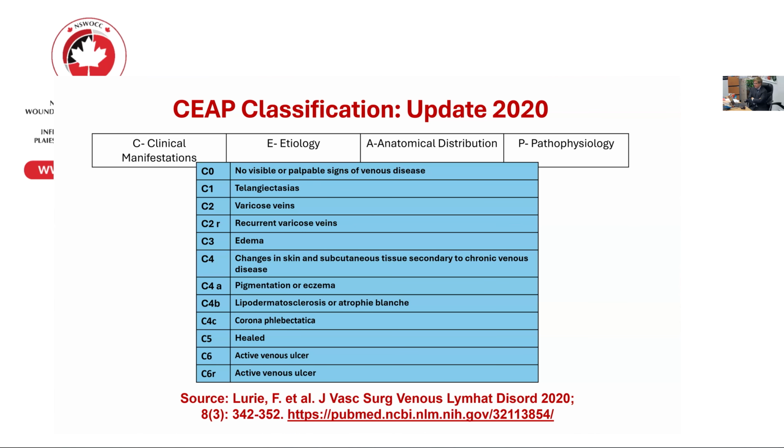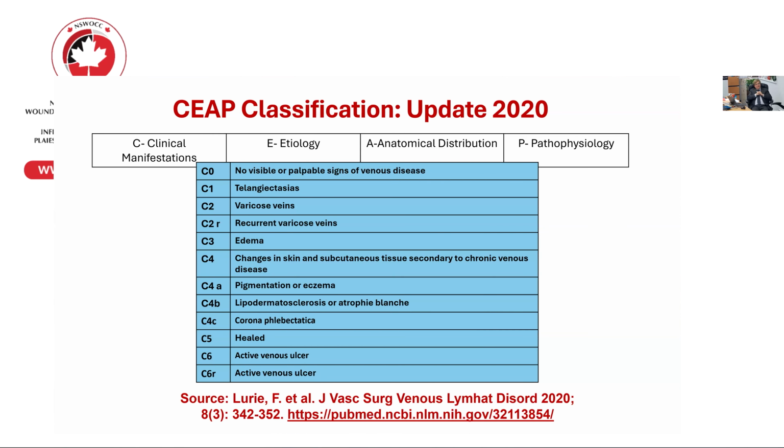This is the CEAP classification that was updated in 2020. And often vascular surgeons use this more than wound healers. And I'm just going to show you the clinical manifestations, not go through the etiology or the anatomical distribution or pathophysiology. C0 is no visible or palpable signs of venous disease.